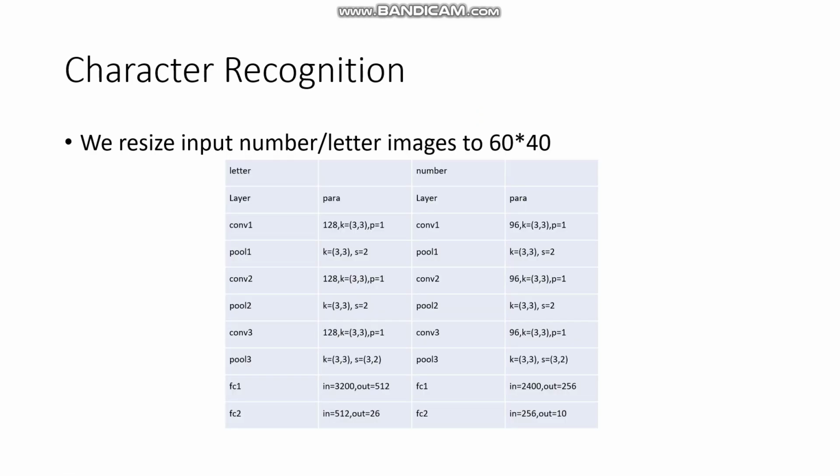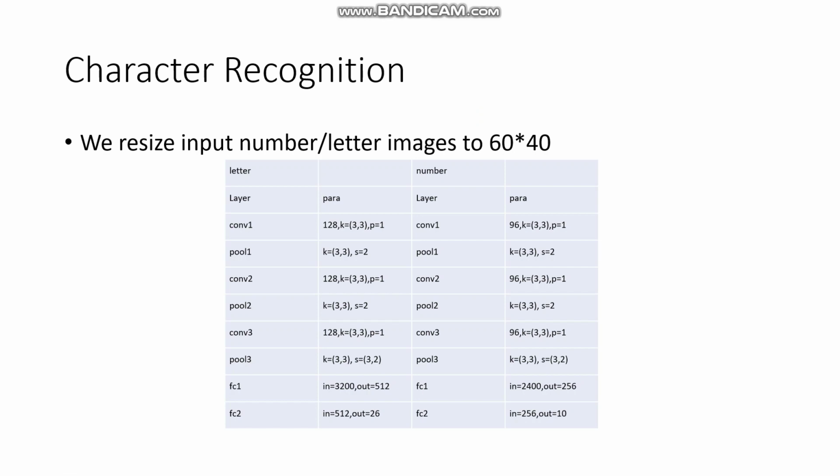Next is the character recognition model. Since the numbers and letters we cut out have different sizes, we resize them to 60 by 40 first, and then use two different models to train them.